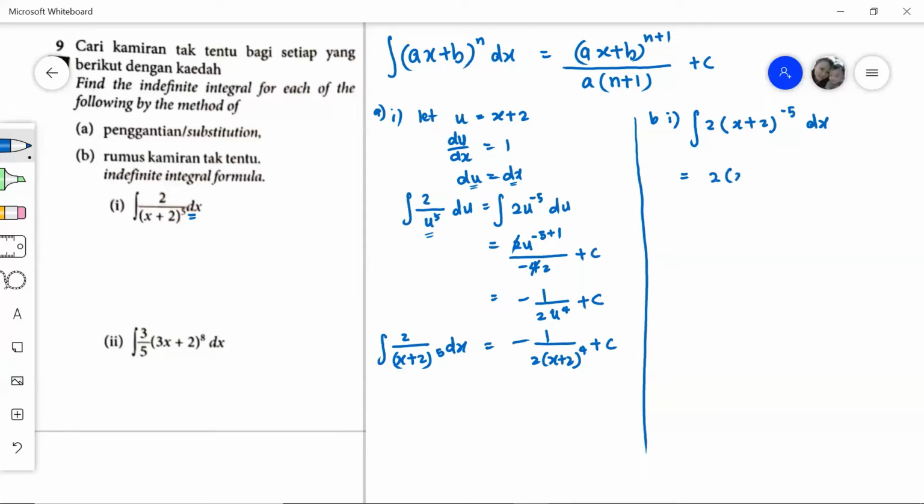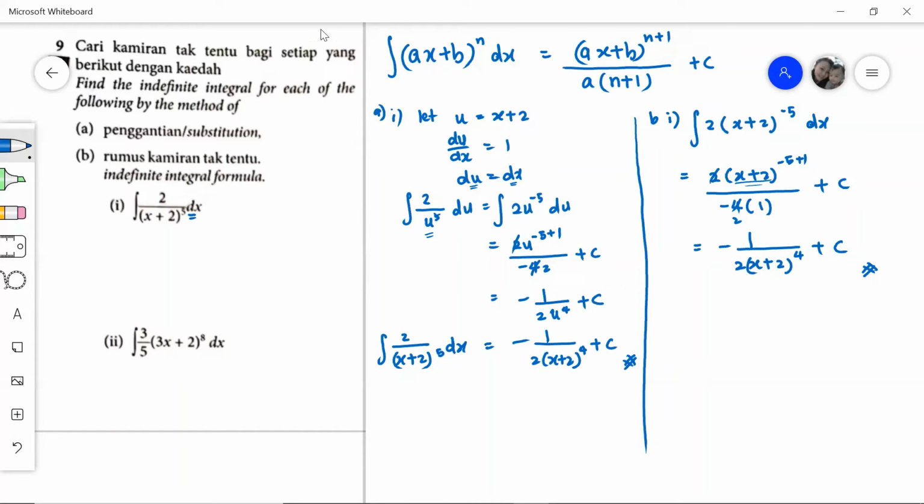To integrate, we increase the power by 1, divide by the new power, and divide by the coefficient of our x, so that is 1, plus c. This can be simplified. So we get -1 over 2 times x plus 2 raised up to the power of 4 plus c. Isn't it the same as method A? So we found the answer for part 1.